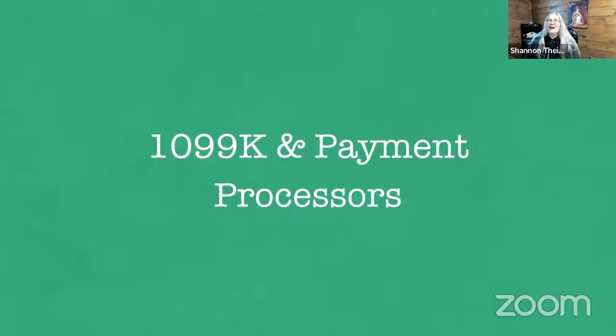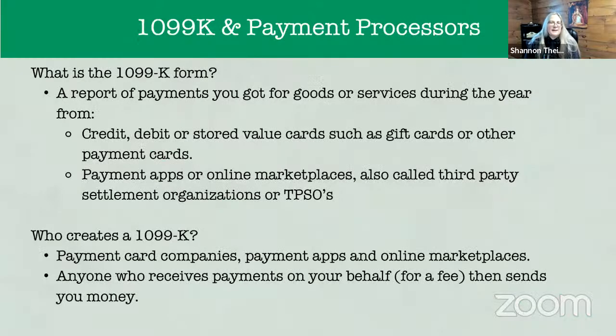Now, I'm sure this is the reason that most people are here: the 1099-K and payment processors update. A 1099-K is a form that you get which reports payments that you got for goods or services during the year.